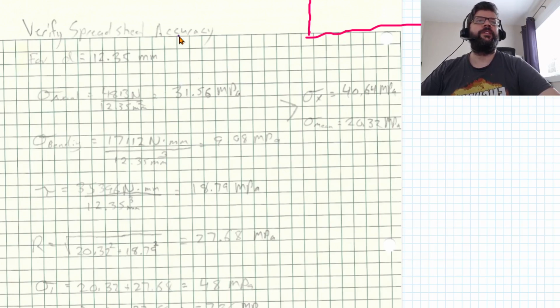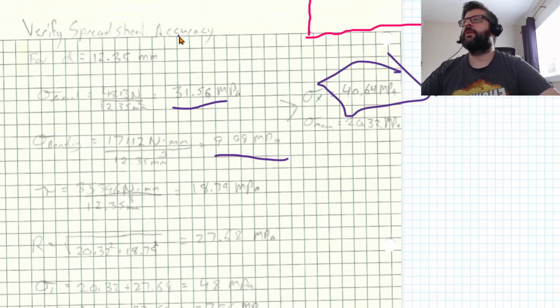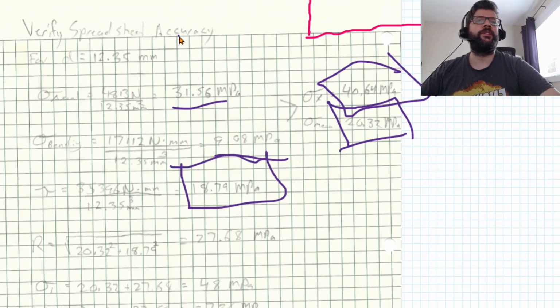So that gave us an axial stress of 31.56 megapascals, bending stress of 9.08 megapascals, gives us a sigma x of 40.64, sigma mean of 20.32, shear stress of 18.79 megapascals.